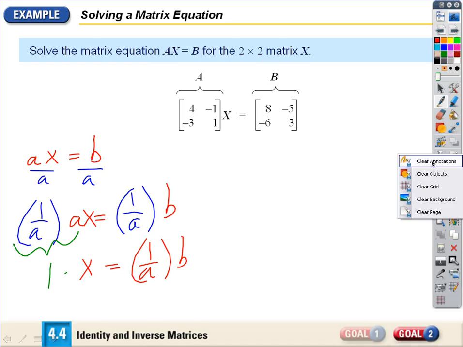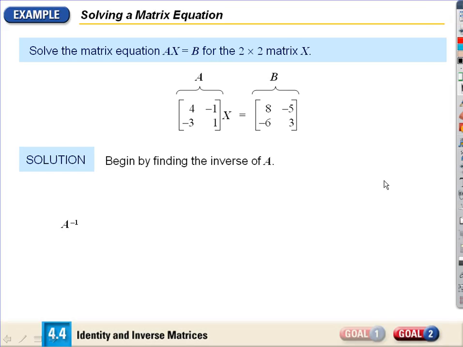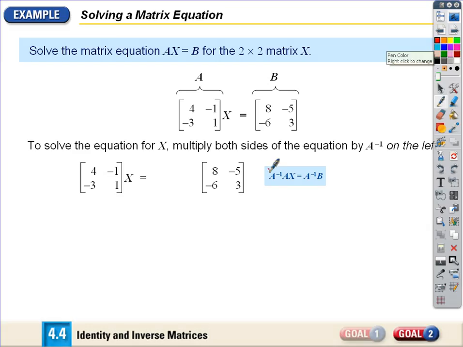Okay, we'll let the calculator find the inverse of A. But then here's our trick. If I multiply both sides from the left by the inverse of A, what's this part going to give us back? What's the inverse of A times A? Yeah, it's I, right? It's the matrix equivalent of 1.